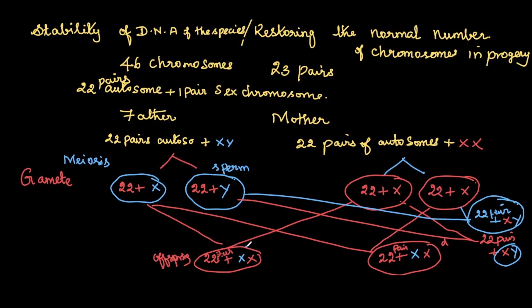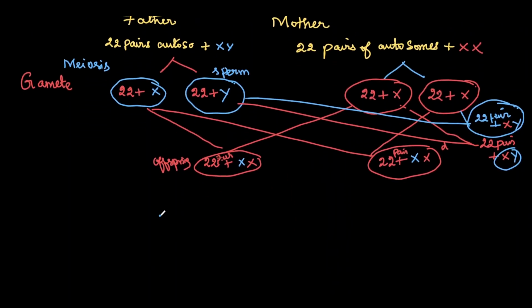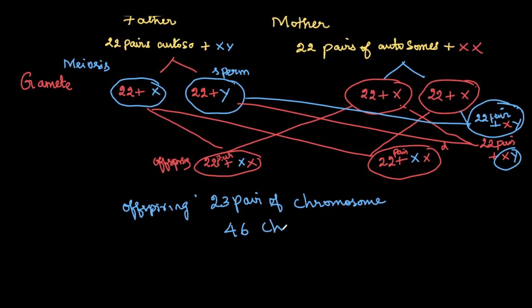So each offspring will get 22 pairs of autosomes and one pair of sex chromosomes. Totally it is 23 pairs of chromosomes together, which is 46 chromosomes.